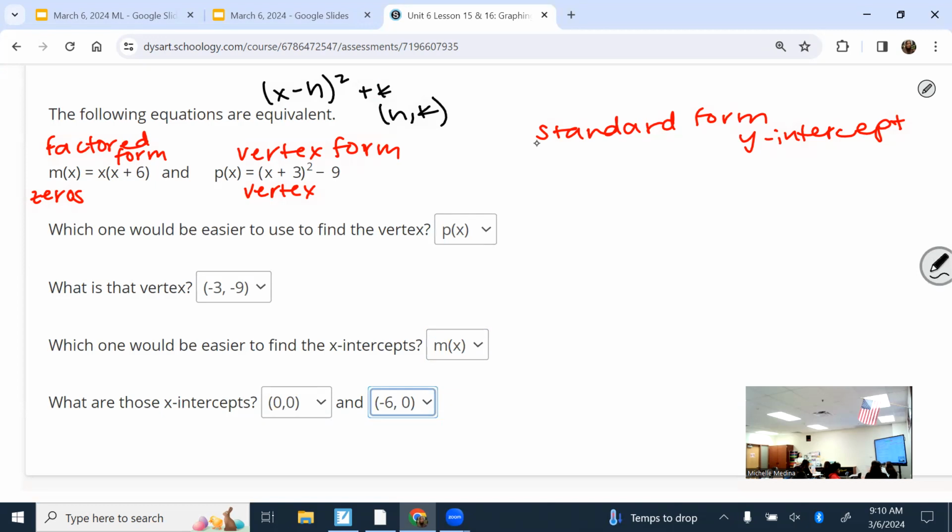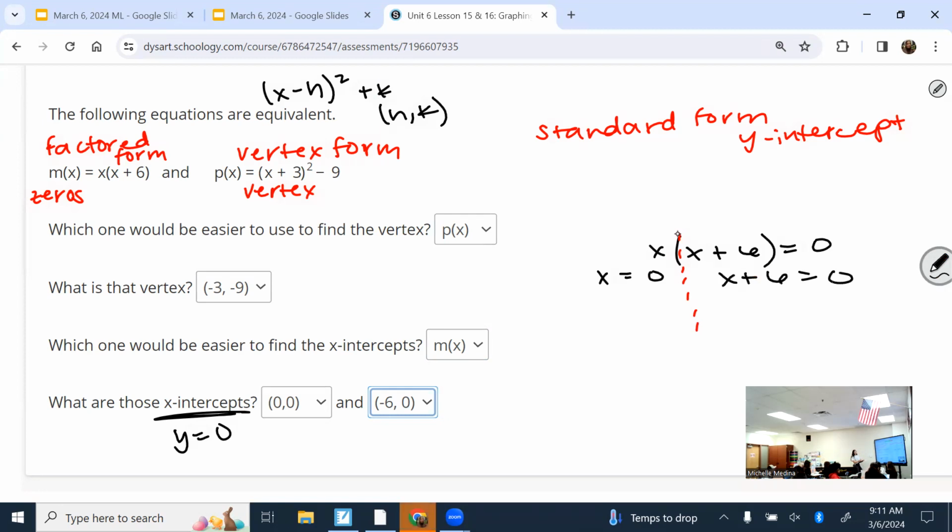And the reason why, because I remember we had you guys just kind of memorize patterns at first. But the reason why is because at the x-intercept, y equals 0. So if I set this equal to 0 and I have something times something else, in order for it to multiply to give me 0, one of these would have to be 0. And it could really be either one. So the way that you actually solve for your x-intercepts is you set each factor equal to 0 and solve them separately.